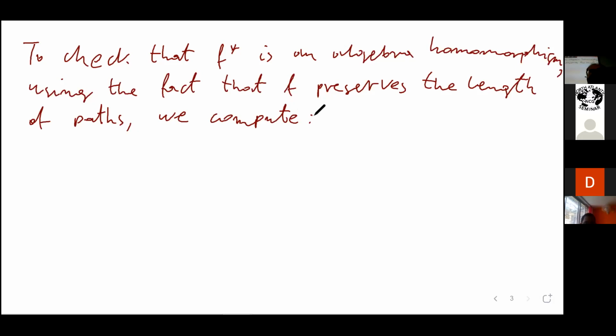Of course, it suffices to do it on basis elements. So I'm taking an arbitrary path P and an arbitrary path Q, and I diligently compute. So F star of chi P, chi Q. Well, I just multiply out chi P and chi Q. So I have my Kronecker's delta here, T of F of P, comma, S of F of Q. Remember, P and Q are paths in F because of the contravariant functor.